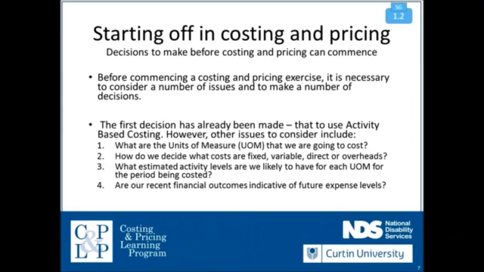The second thing that needs to be determined, of course, and which will be determined largely based on what you identify as a unit of measure, includes what costs are fixed, variable, direct, or which are overheads. We talked about the nature of fixed, variable, direct and overhead costs in the last webinar, in webinar number 2, where we introduced some definitions relating to those elements.